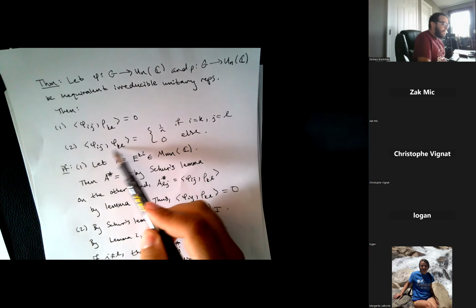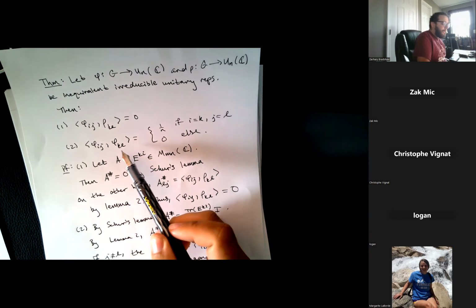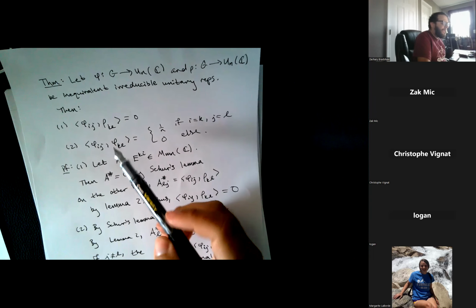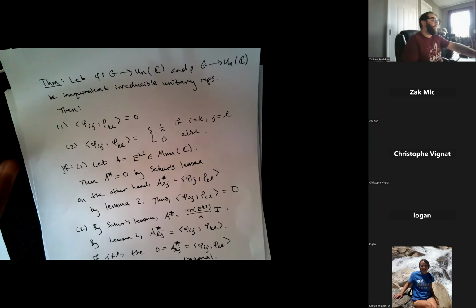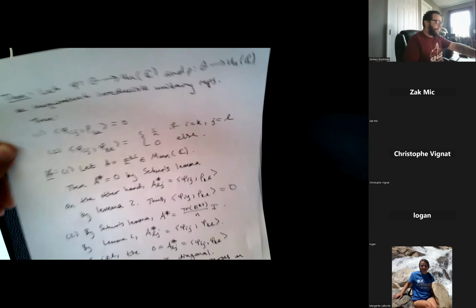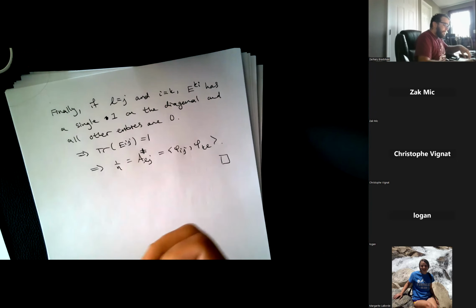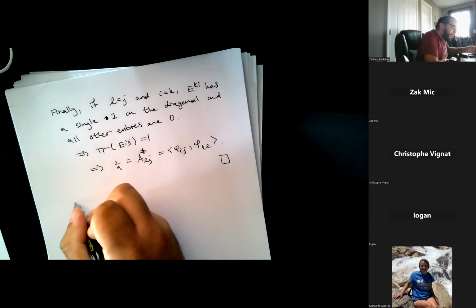And the components of phi itself are also orthogonal unless i is equal to k and j is equal to l, in which case the inner product evaluates to 1 over n.